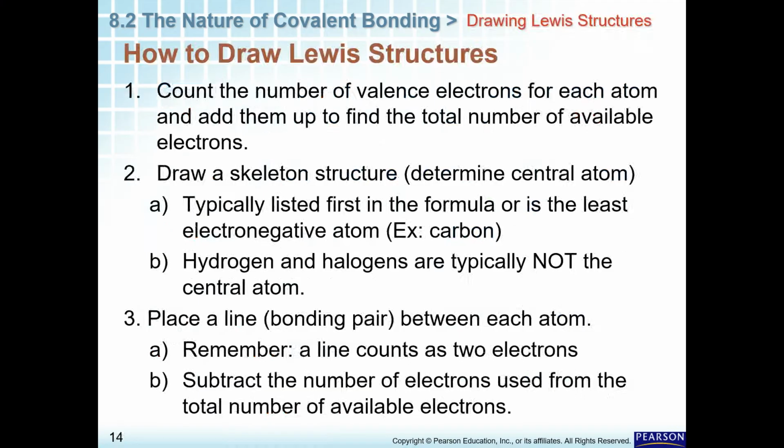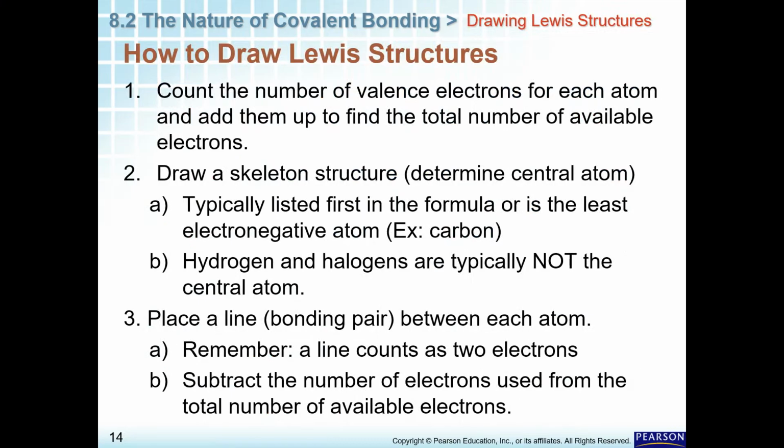Step 2, draw the skeleton structure, and we need to determine who is the central atom. Typically, this is going to be the atom that's listed first because it's usually the least electronegative atom. You have an electronegativity chart located on the very back of your periodic table if you're just curious.